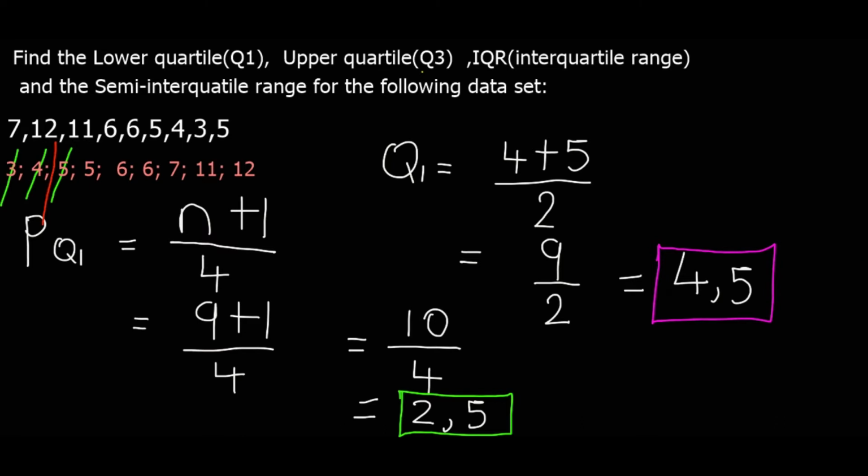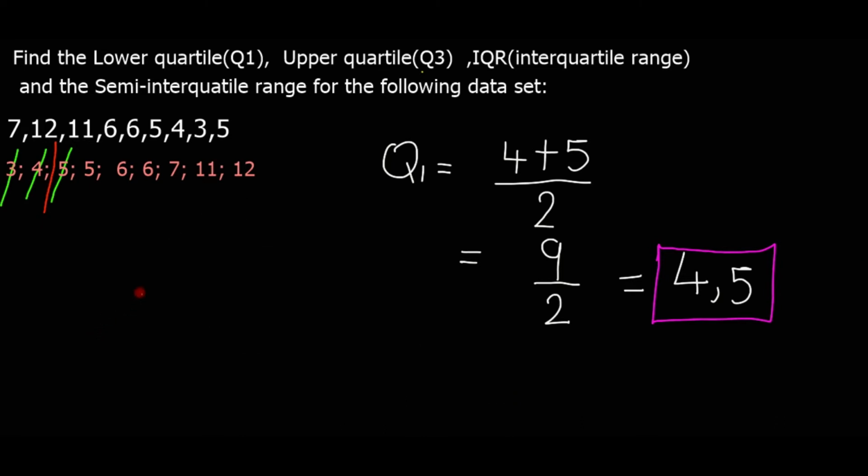Now let's find Q3. To find Q3 we do it this way. We find the position. The formula for the position of Q3 is 3 times (n plus 1) divided by 4.